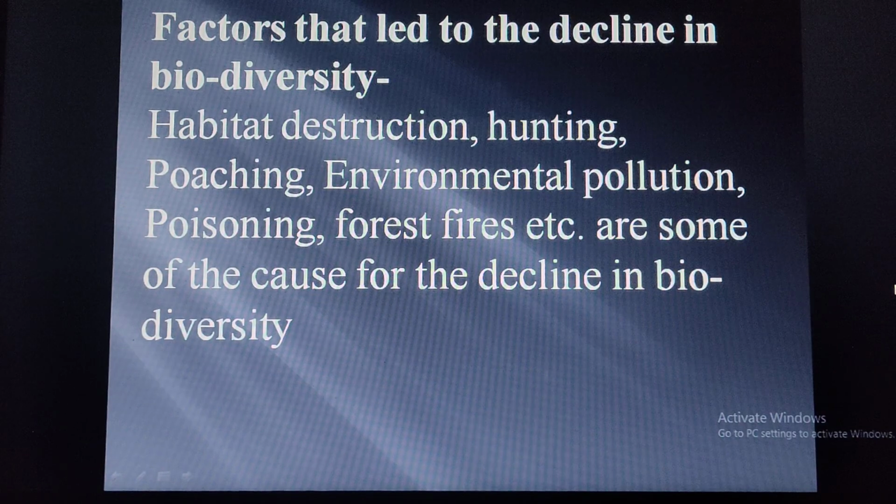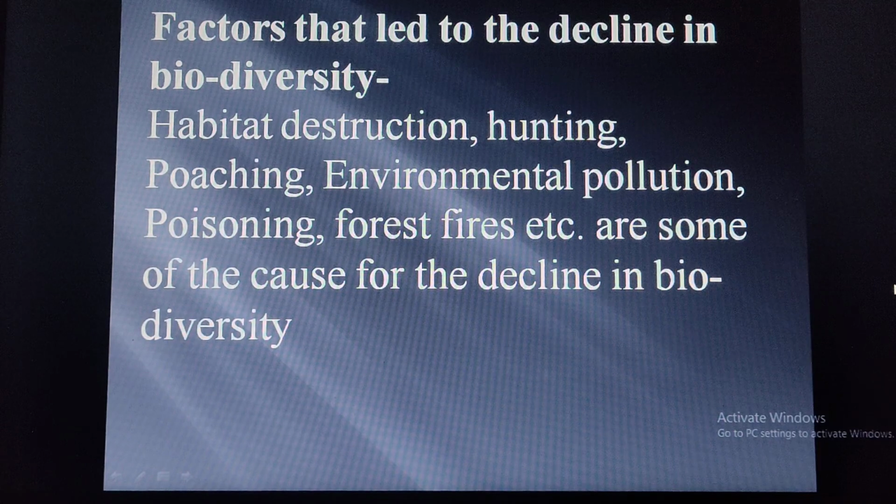Factors that led to the decline in biodiversity. What are the factors that lead to the decline in biodiversity? Habitat destruction, hunting, poaching, environmental pollution, poisoning, forest fire, etc. are some of the causes of decline in biodiversity. Because of all these factors, biodiversity is declining day by day.